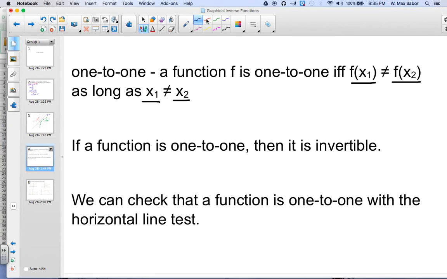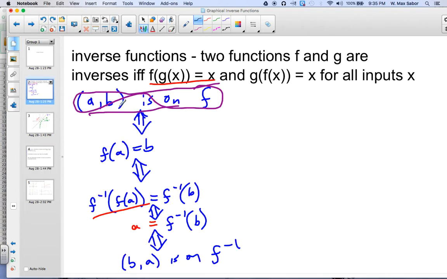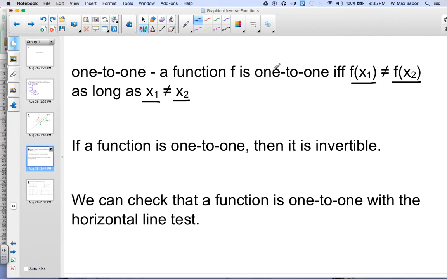The reason is that something is a function if each input has exactly one output. Well, this is the same thing as saying each output has exactly one input, and that's what one-to-one says. Each output has a different input.